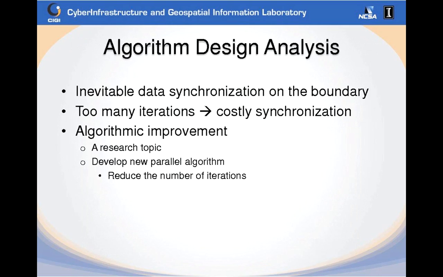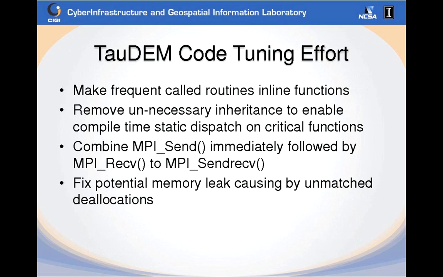With that, we looked at some of the TauDEM algorithms. We found that in most cases, the data synchronization on the boundary is inevitable, and the synchronization was done on every iteration. We think this can be improved because the way the algorithm works is like a broadcasting process.